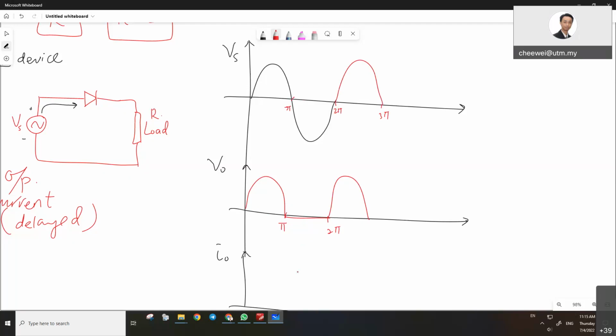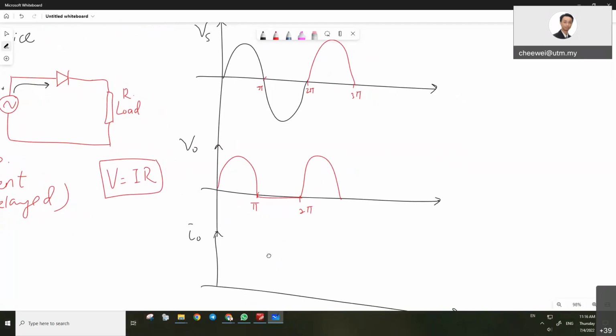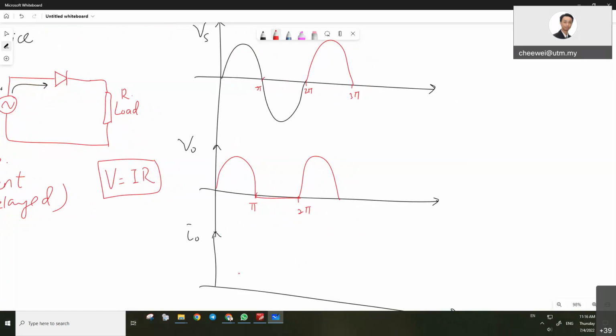Okay, what about the current? Remember that V equals to IR. If it is just a R load, the current will follow the waveforms of the voltage. So in this case, how do we draw the current? The current will follow, and then it will be 0 for the second half cycle and repeat.